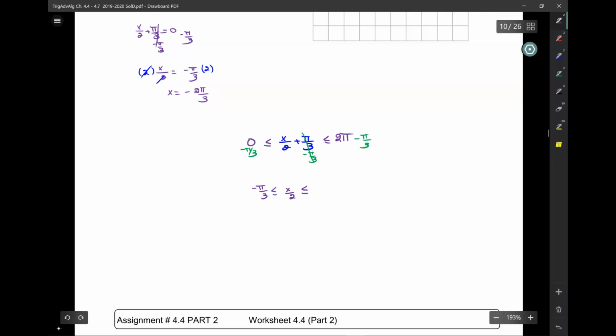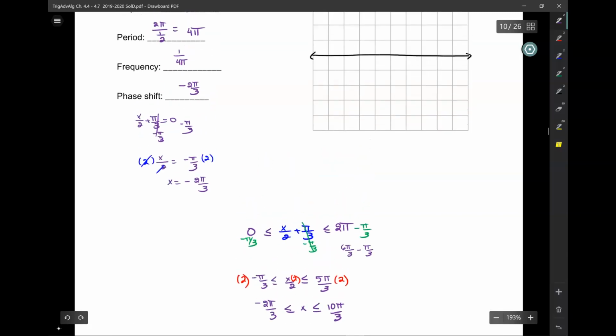So that's going to be 6 pi over 3 minus pi over 3. So 5 pi over 3. All right, next I need to multiply everything by 2. So I get negative 2 pi over 3 to 10 pi over 3. All right, so negative 2 pi over 3. This is where it's good to skip a space because you get room to write.